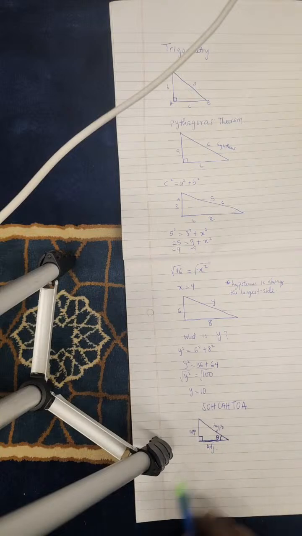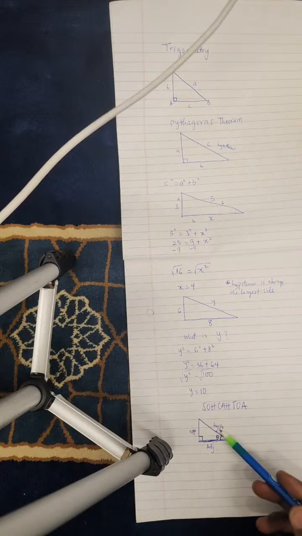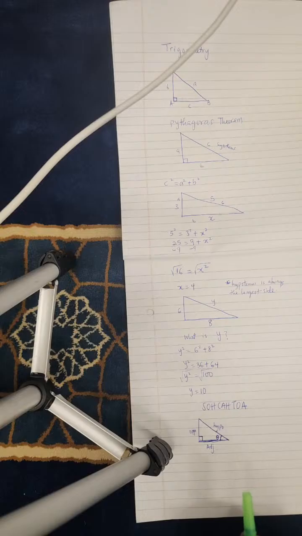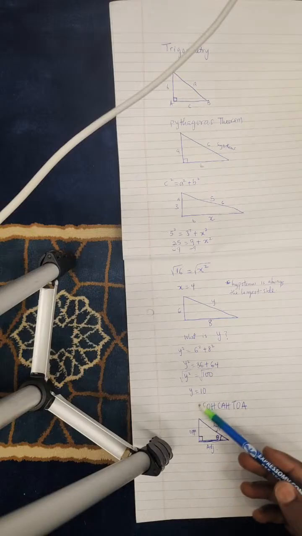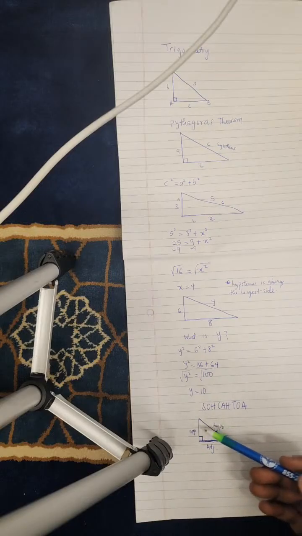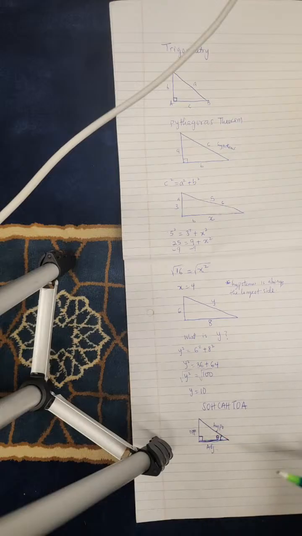So these are the three things you have. We have the hypotenuse, the opposite, and the adjacent. Okay? Now, what is the purpose of SOHCAHTOA? The major purpose of SOHCAHTOA is to determine the angle, based on the given sides you have.